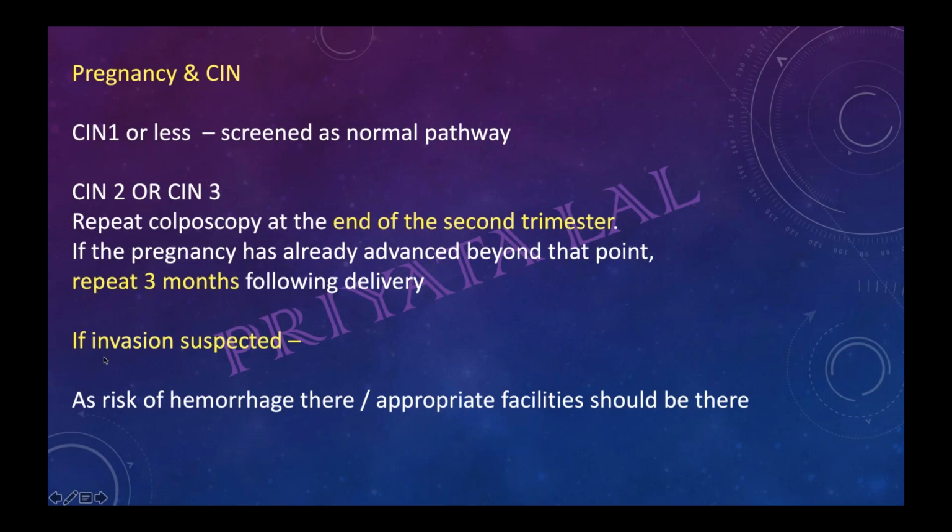And any kind of invasion or cancer requires treatment even in pregnancy. But the risk of hemorrhage is there, which we already know, so an appropriate facility has to be there. So in pregnancy and CIN, it is almost the same as what was in the previous guideline. So is the thing clear?